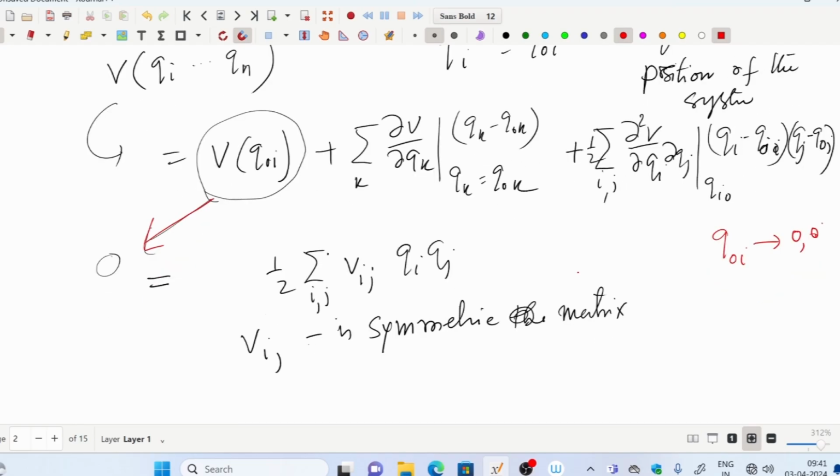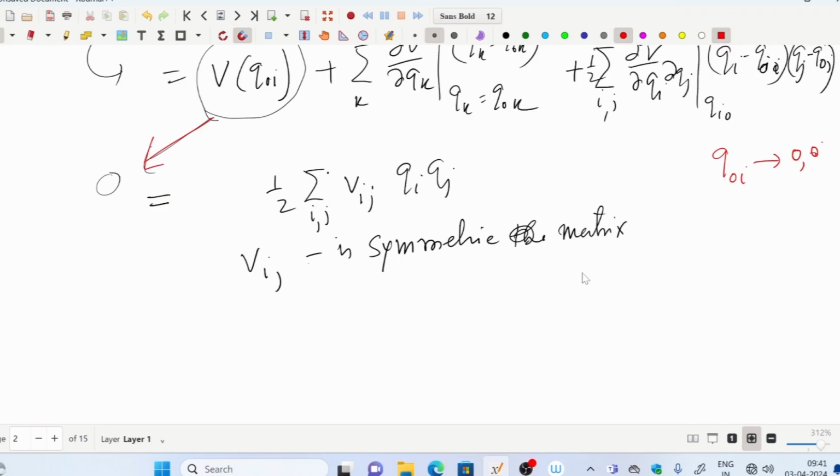This will be our starting point in today's lecture: that the potential V, which is a function of the generalized coordinates, is basically half sum over jk. Let me write del 2 V del qj del qk, which is the value of Vij.